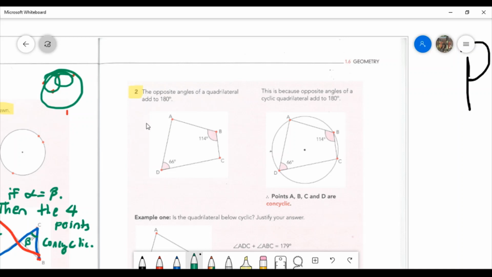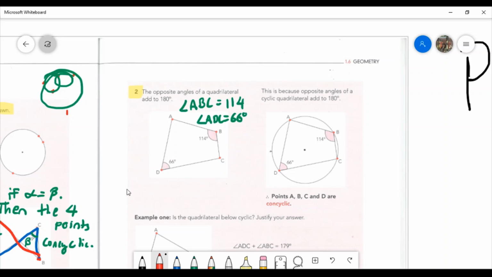The second way to see if 4 points are concyclic is if, when considering the quadrilateral they make, that is the 4-sided shape, we see if the opposite angles add to 180 degrees. So in this case, angle ABC equals 114, angle ADC equals 66.